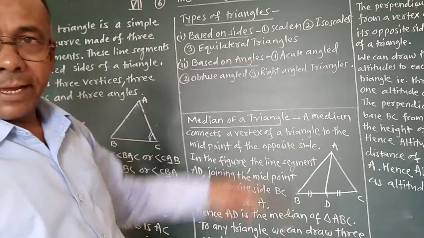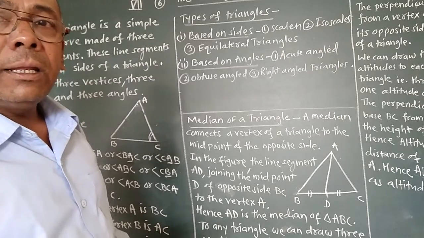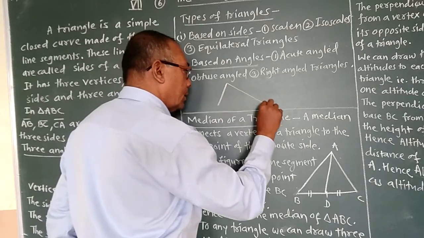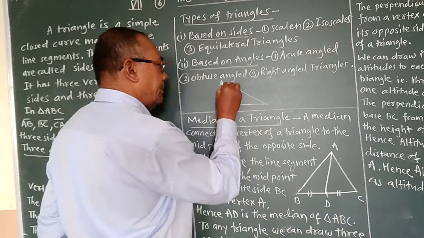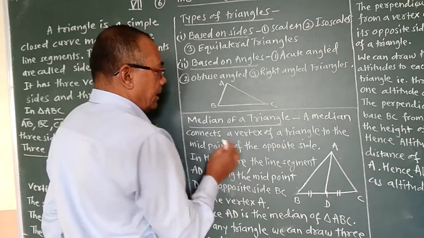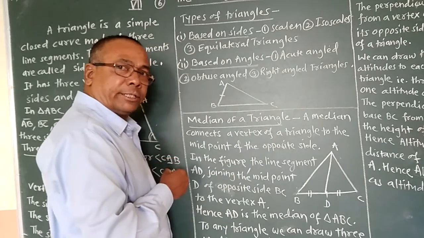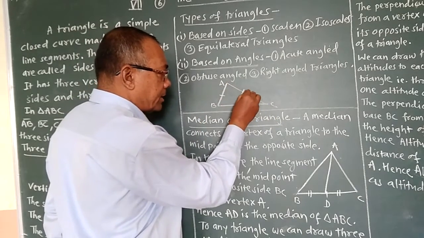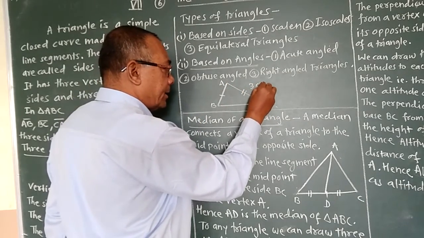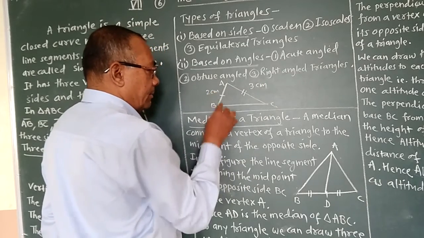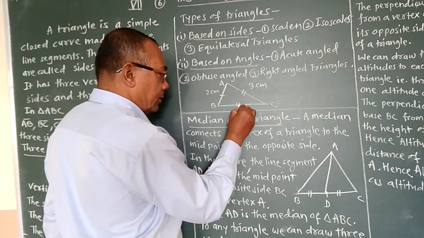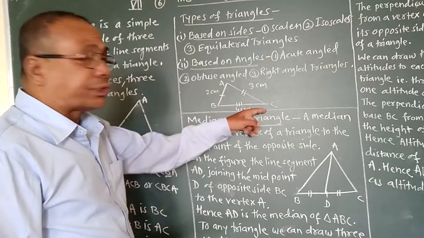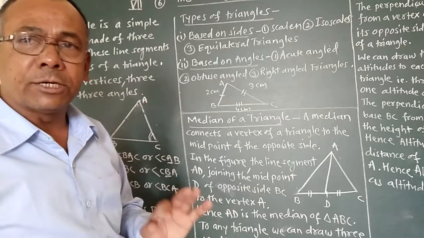First is scalene triangle. Scalene triangle means if we draw a triangle ABC, then length of AB, for example 2 centimeter, length of AC, for example it is 3 centimeter, and BC is 4 centimeter. Means no two sides of the triangle are equal.